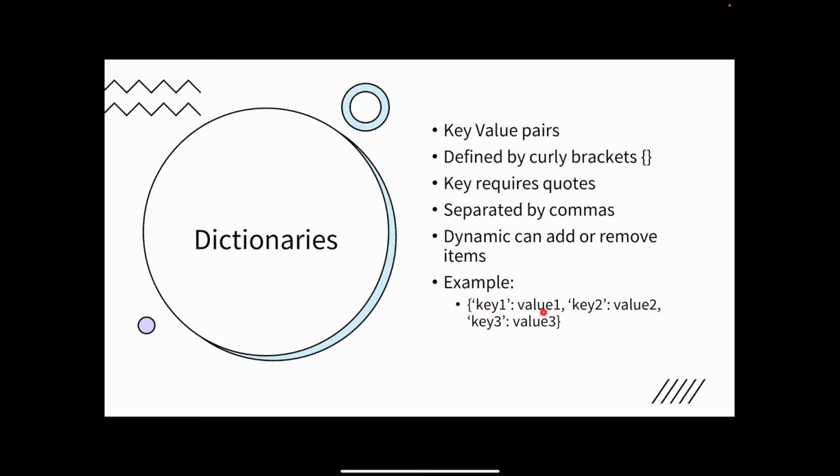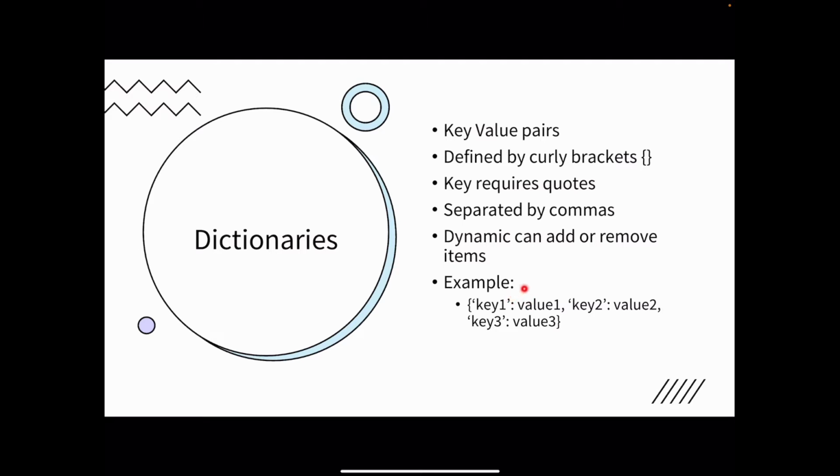So here's our first key value pair, separated by a comma. Our second key value pair, separated by a comma. And then our third key value pair, and you'll notice it does not have a comma at the end, which indicates that this is the end of the dictionary. For the values, they can be variables that are declared directly in the dictionary.